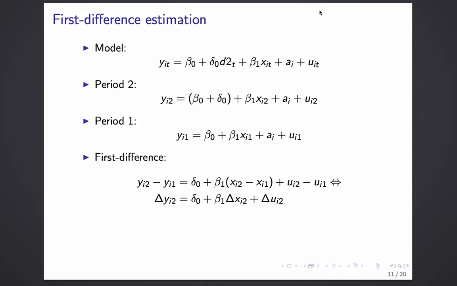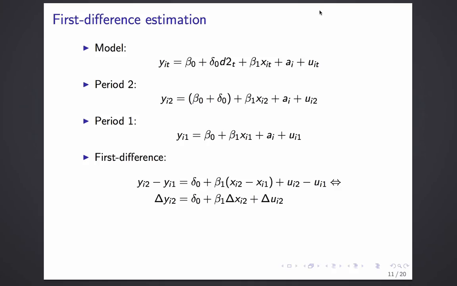And note right away that here, alpha I no longer enters the model. It's been differenced away. So what we end up with in the end is the difference in y as a function of the difference in x. That is the first difference equation.